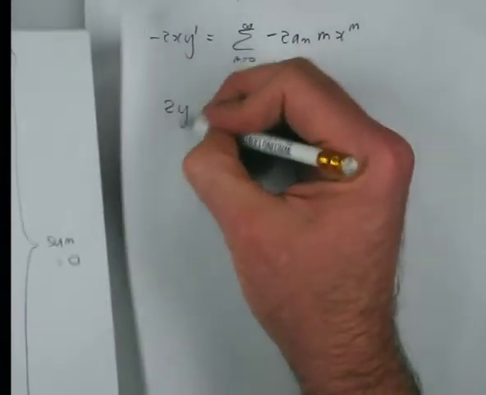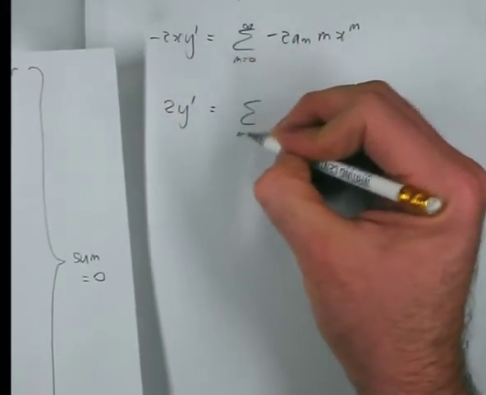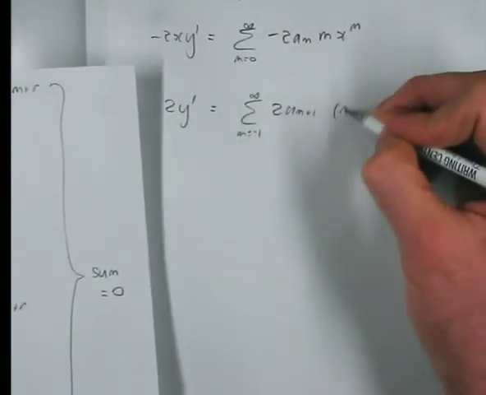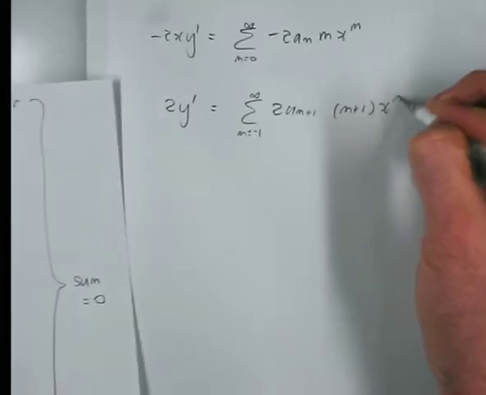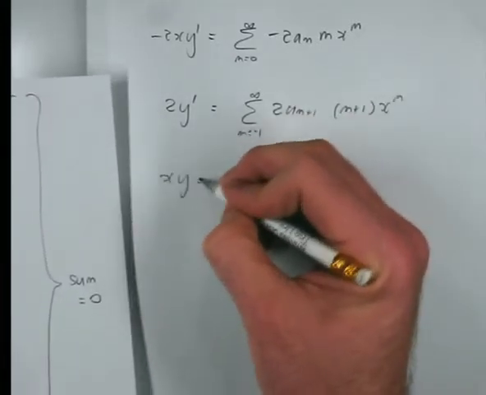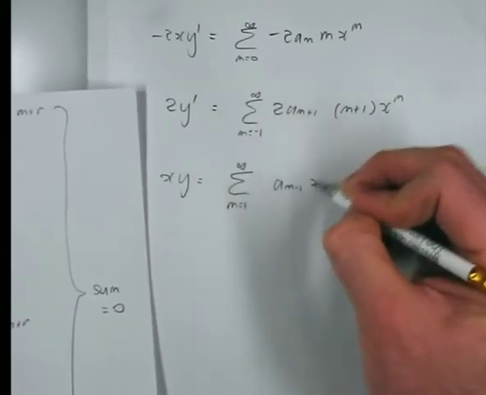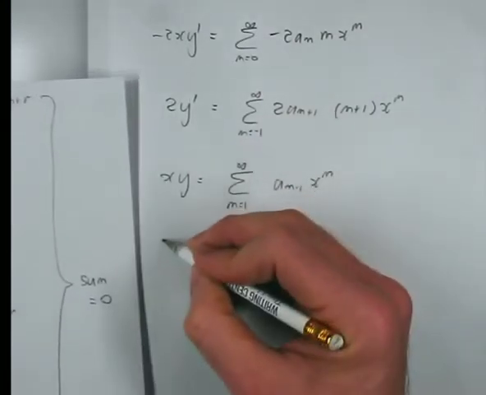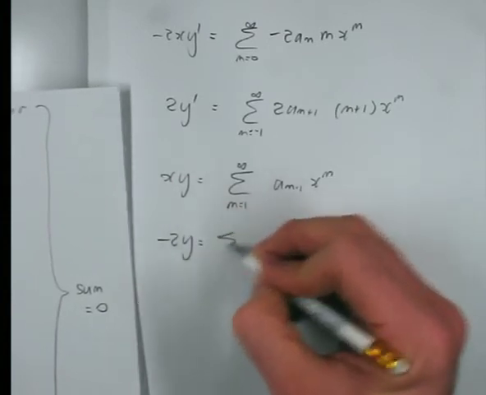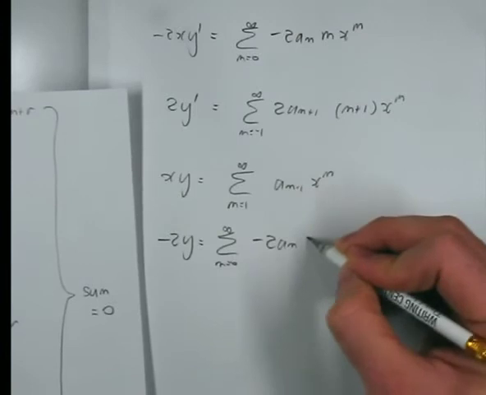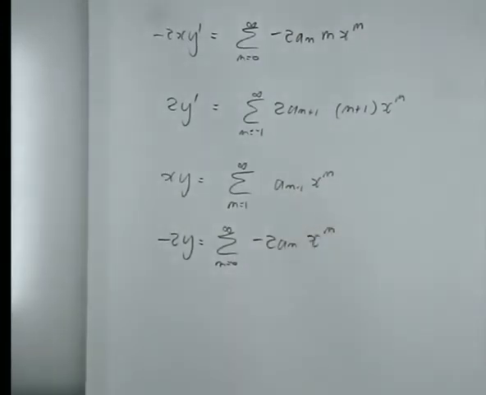So my 2y dashed was, my xy was, and my minus 2y was, okay.